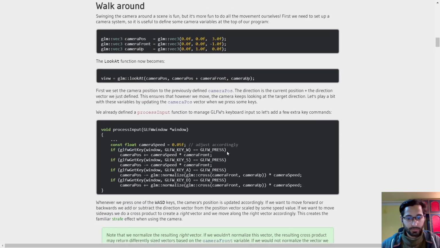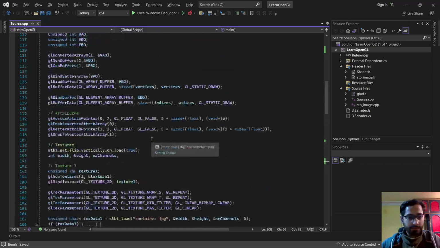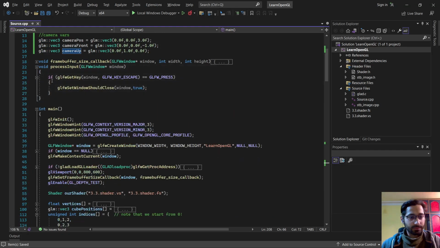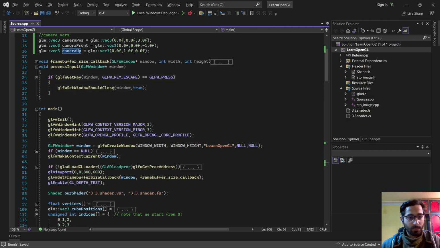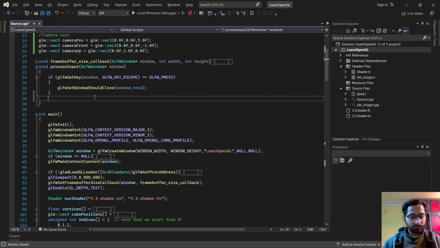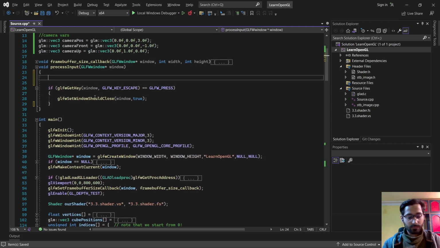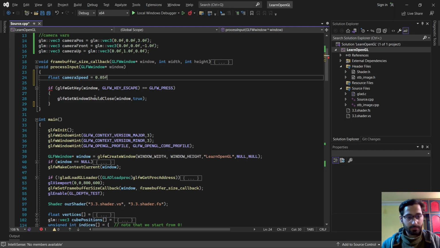We already have this, so here we can set the camera speed first inside the input function, which is right here. Okay, this is set to 0.05.